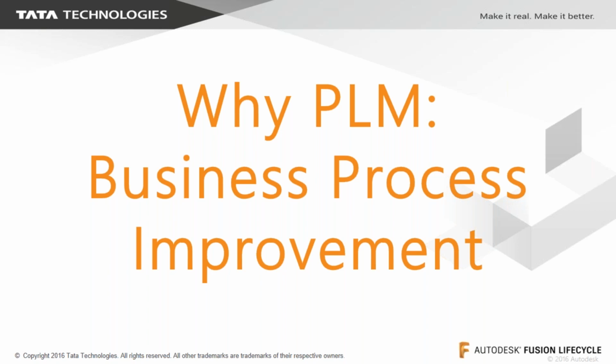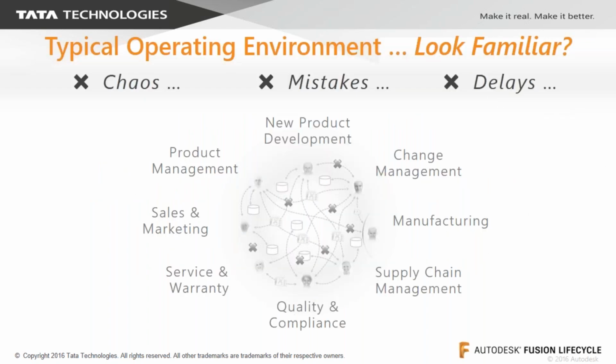So why business process improvement, or why PLM, product lifecycle management, to manage that business process? If you're like a lot of companies I've seen that don't have an electronic system or a very rigidly defined manual process, it's pretty common that companies operate in a lot of functional silos, and the department heads set up their own processes using whatever tools they might have available.